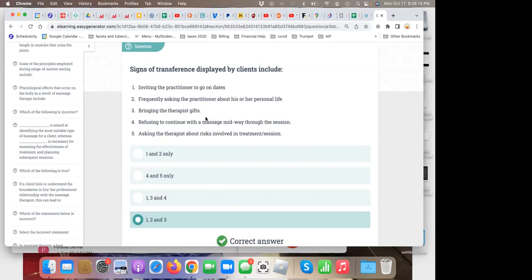Yeah, it could be both, but that's outside of the professional relationship, right? So that's transference, bringing the therapist gifts from client to therapist. From client to therapist is transference. From therapist to client is countertransference. Yes, you just need to hear it enough, like several times. Repetition is the mother of learning.